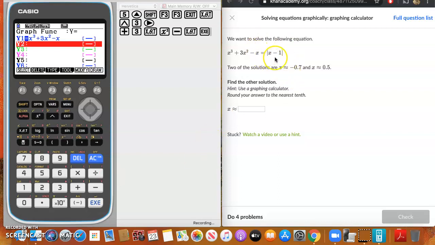Now on the right side you have an absolute value, correct? So I'm going to show you how to type in the absolute value in case you forgot. So you go into Options, Numeric, and the ABS is absolute value. So you type in F1.